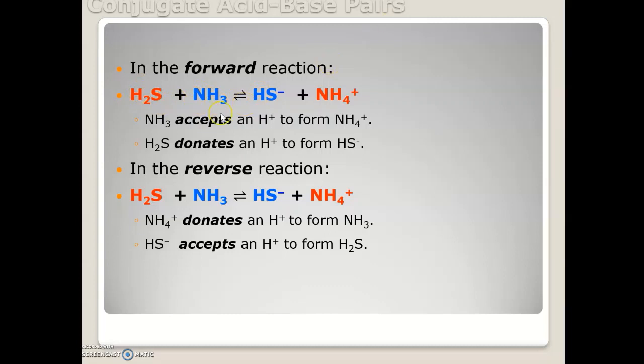In the reverse direction, ammonium donates H plus to HS minus, so ammonium is an acid, and HS minus receives H plus, so HS minus is a base. That is why the partner of H2S, its conjugate base, will be HS minus, while ammonia is a base, its conjugate acid will be ammonium.